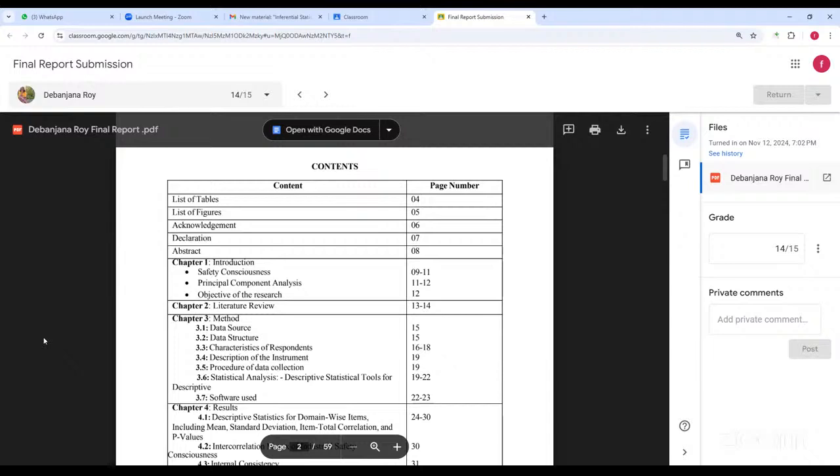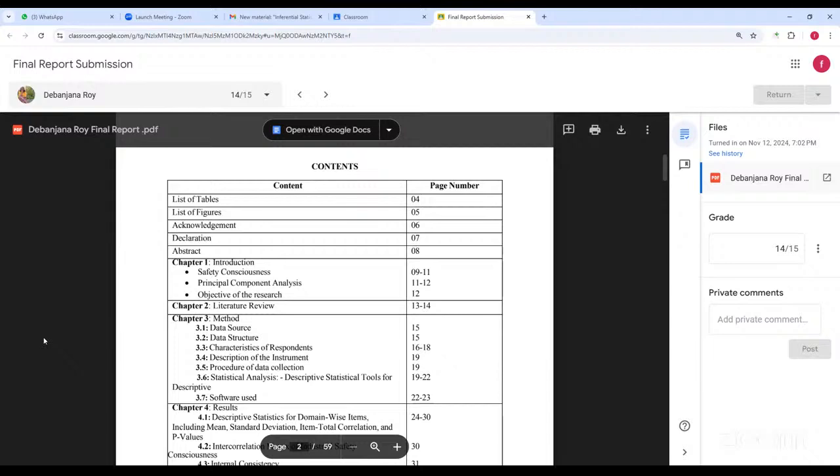First one is the data source. This data RPRIT has provided to you. So your source of data is the RPRIT.